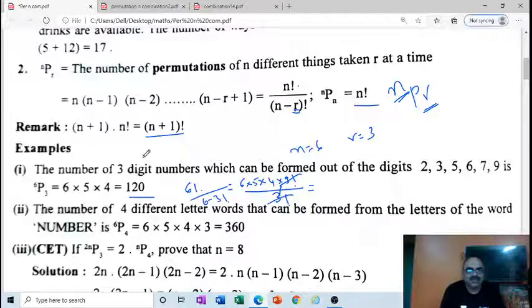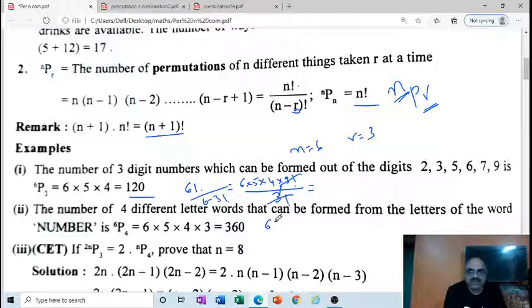Same way, the number of 4 different letter words that can be formed from the letters of the word NUMBER, N-U-M-B-E-R. Altogether there are 6 letters, and 4-letter words have to be arranged out of it.